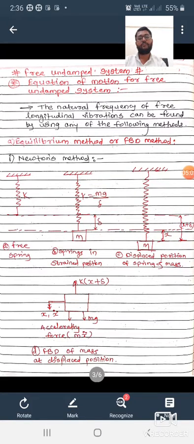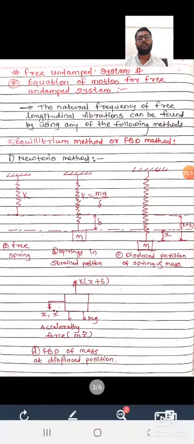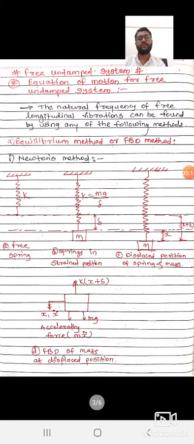And the fourth diagram is the FBD of the mass at the displaced position. Here the forces acting are: the upward force k into x plus delta, the downward force mg, and the accelerating force m x double dot, where the deflection is x and the acceleration is x double dot.